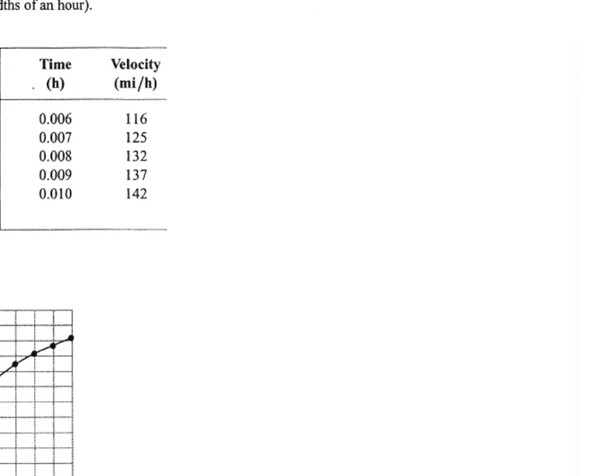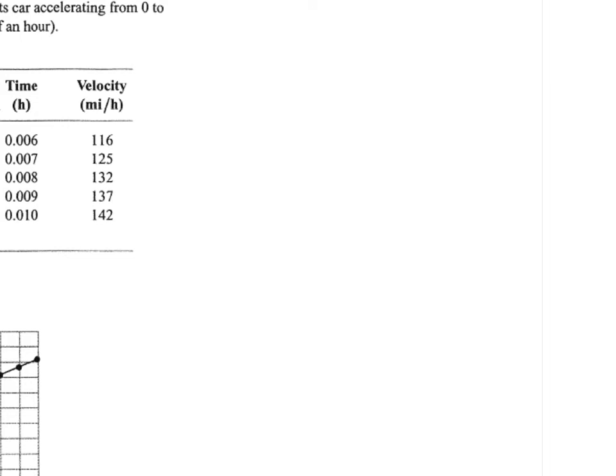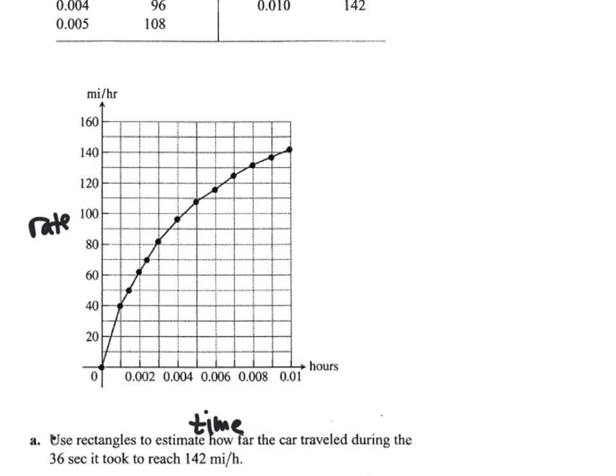Now the first thing I want to do, step 1, is calculate delta x. I'm going to call this delta t because we're dealing with a measure of time. Looking at this graph, I have 10 spaces from 0 to 0.01.